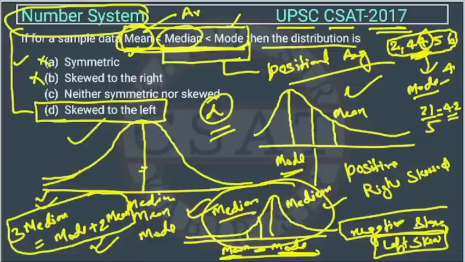They have asked a question from this area, so they can ask related questions too, and I am covering those related questions. So remember the formula: 3 median equals mode plus 2 mean, and do some practice on calculating median, mode and mean. This much information is sufficient.